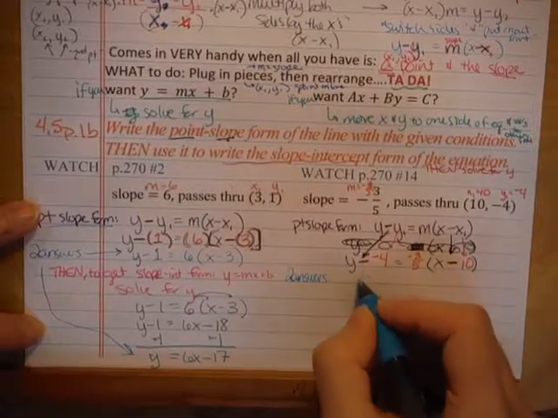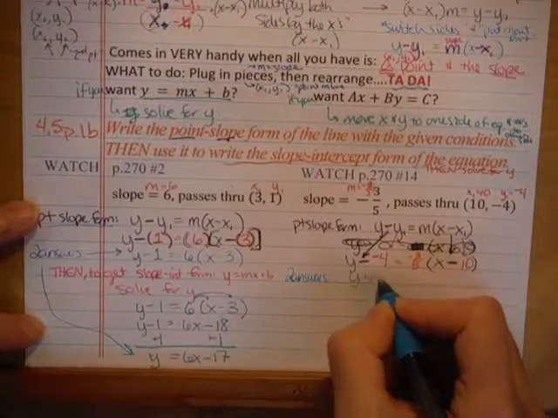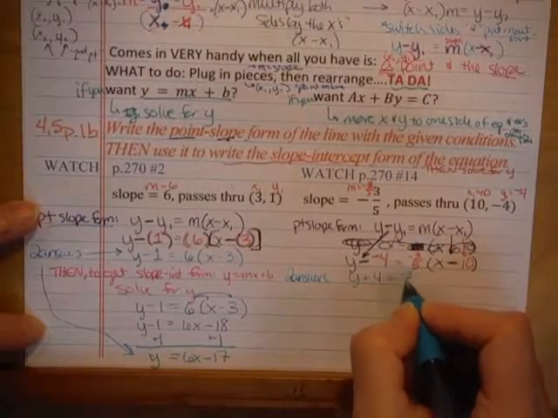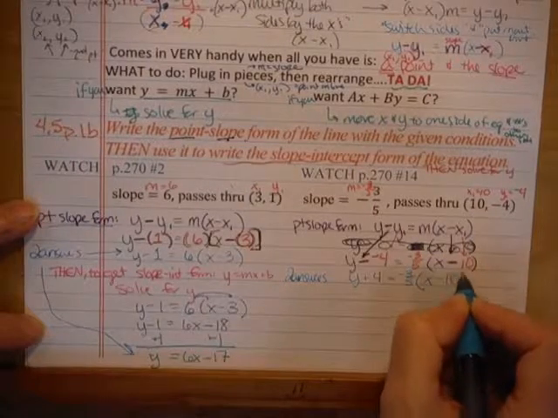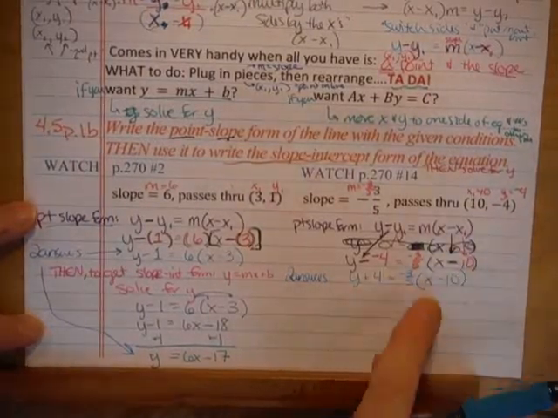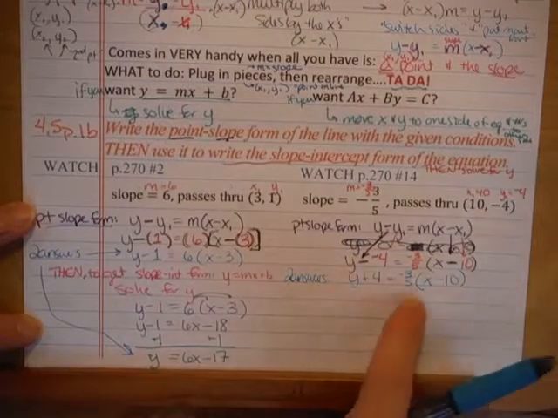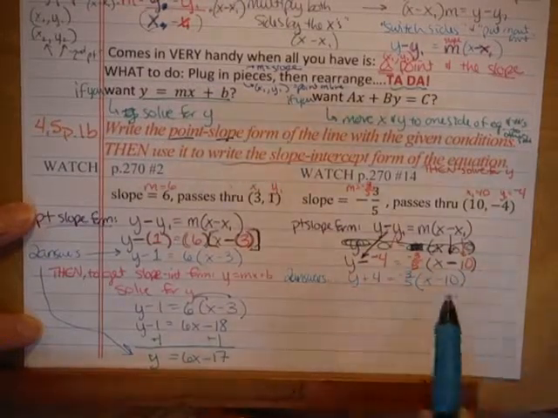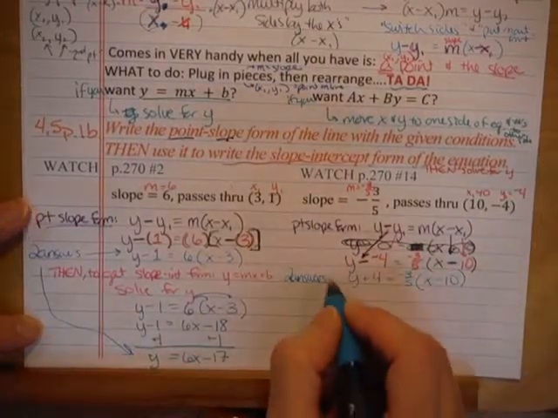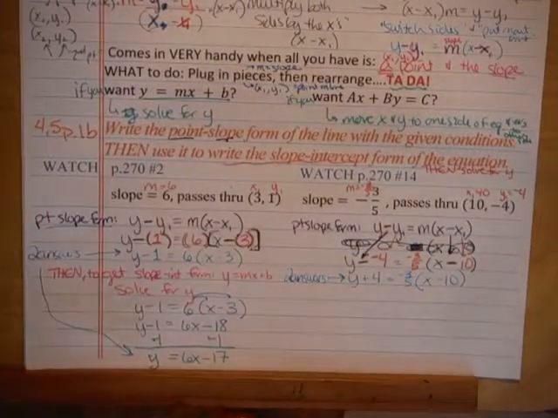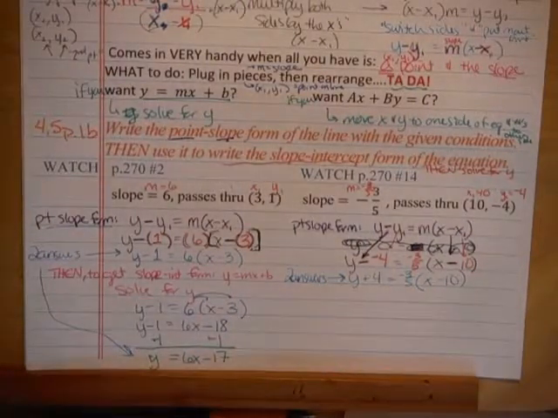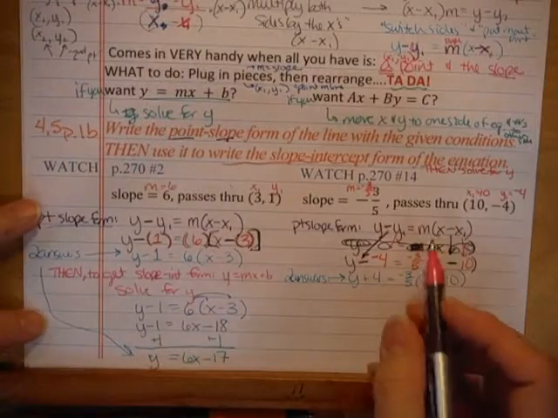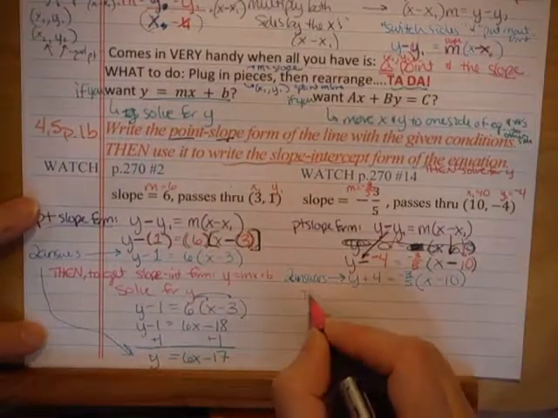So it becomes y minus the negative is y plus 4 is equal to -3/5 times x minus 10. So we leave it in this point slope form. We leave it in this messy sort of looking version because that shows that you knew how to get it into point slope form. So there's our first answer.